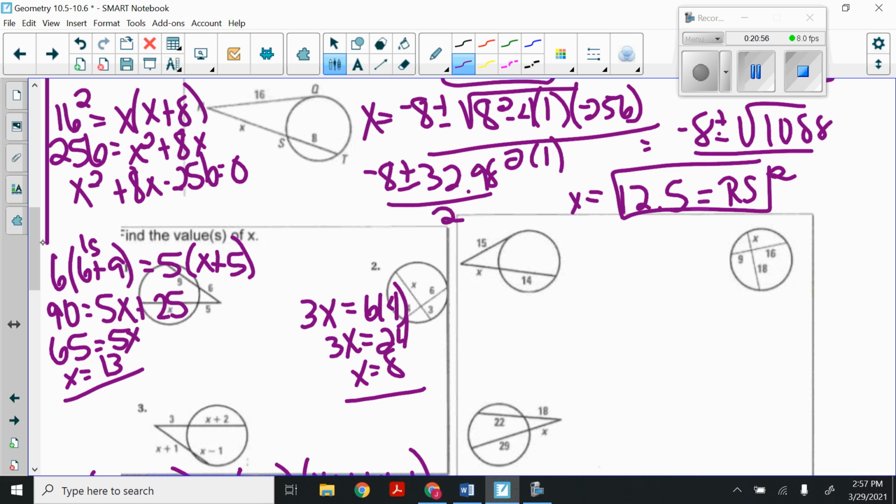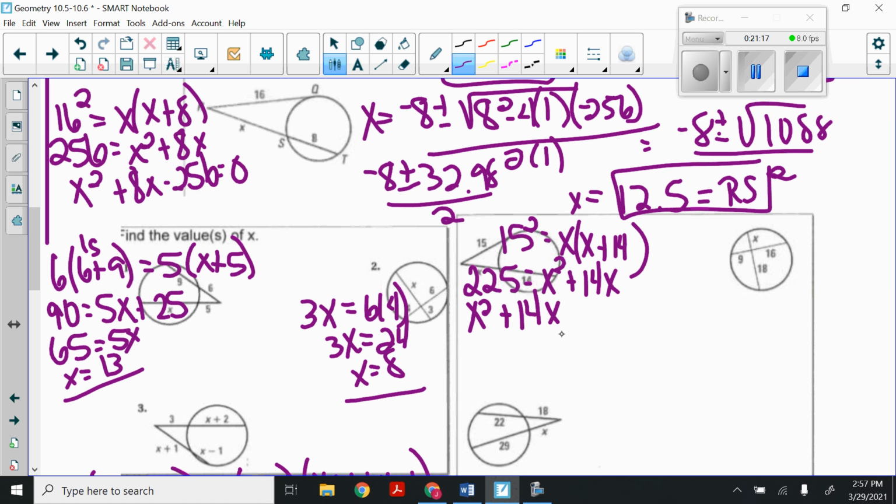All right, so come over here. So again, I'm going to take my outside. 15 squared equals x times x plus 14. 15 squared, so I get 225 equals x squared plus 14x. Everything on the same side, x squared plus 14x minus 225 equals 0. Doesn't factor, so we would do quadratic formula again.